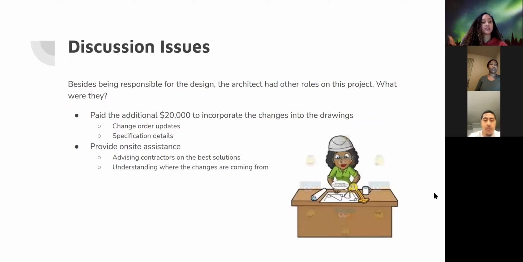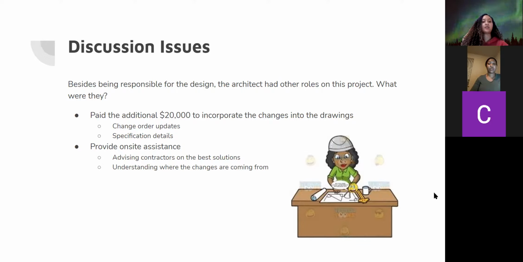For the next question, besides being responsible for the design, the architect had other roles on this project. What were they? So the owner paid the architect an additional $20,000 in order to incorporate the changes that were made into the drawings, which included change order updates and specification details.